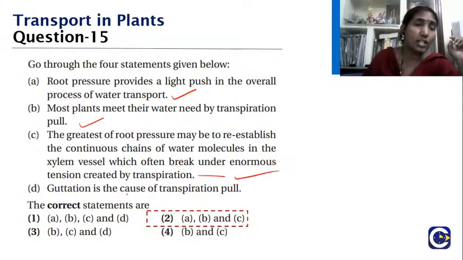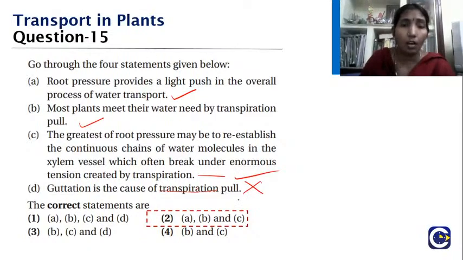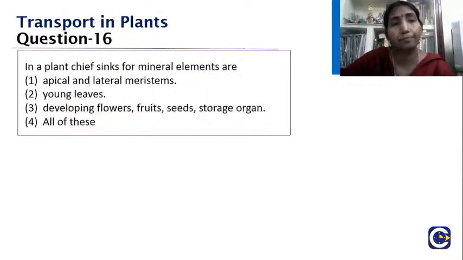But what about guttation? Guttation is not because of transpiration pull. It is because of root pressure. So this is wrong. These 3 are the correct statements, whereas this is the wrong one. What you people are giving are the right answer. Excellent students.